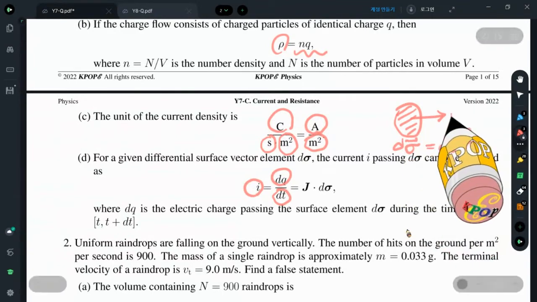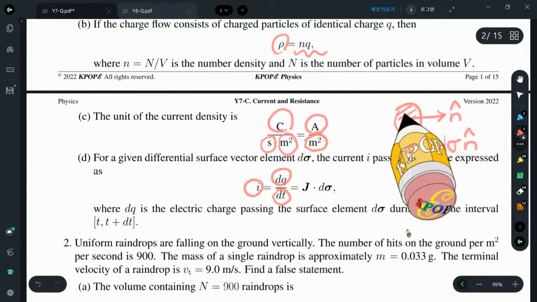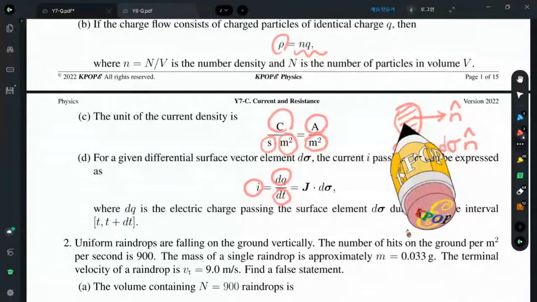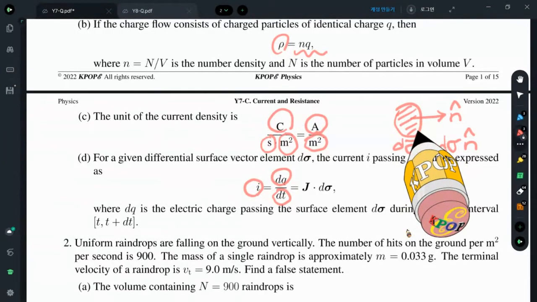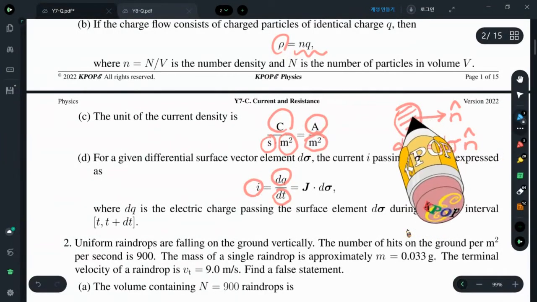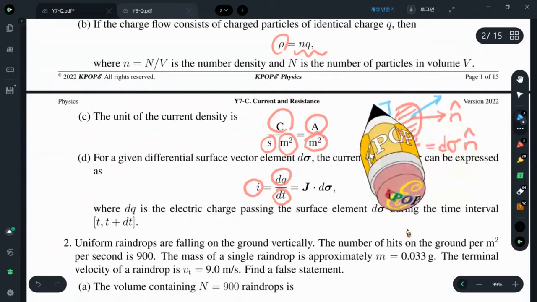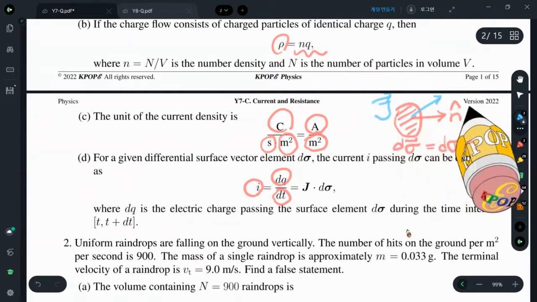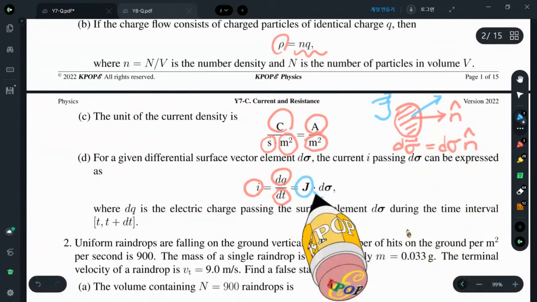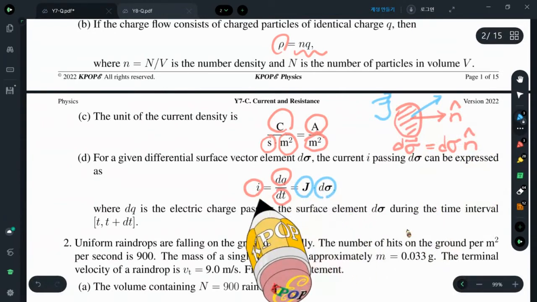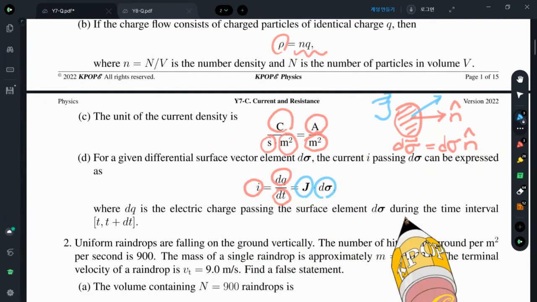So we have a direction of the infinitesimal cross-sectional area, and we have current density J. If I take the scalar product of these two, J dot d sigma represents the current.